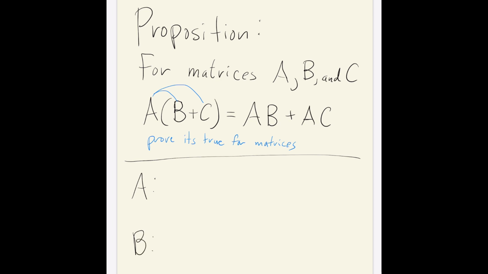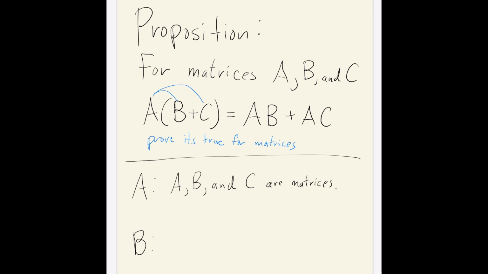So what do I know? What are my hypotheses? Well, I know that A, B, and C are matrices. And I know that all of the sums and products are defined, which means they exist. There's no dimension mismatch.